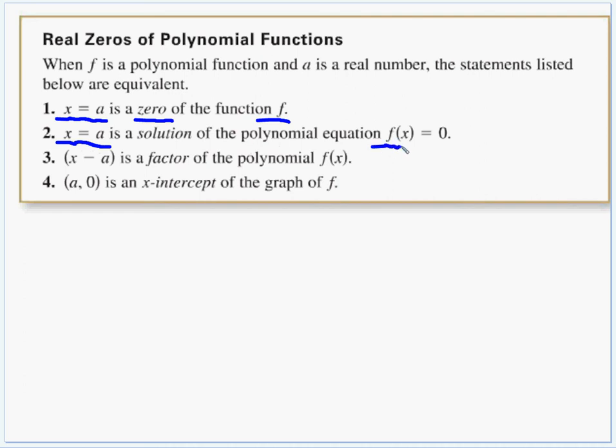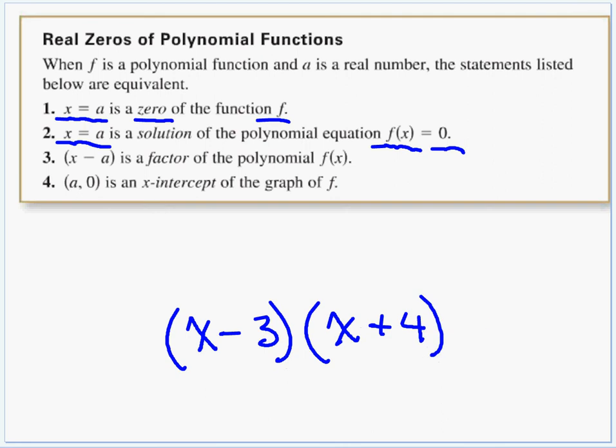If I put that number a in, out pops a 0. Think about when we're solving a polynomial and we get down to one of those last steps where we have maybe a factor like x minus 3 times x plus 4, and we set each of those to 0. If we set the first one to 0, we'll add 3 and get x equals 3, and here we would subtract 4 and get x equals negative 4.